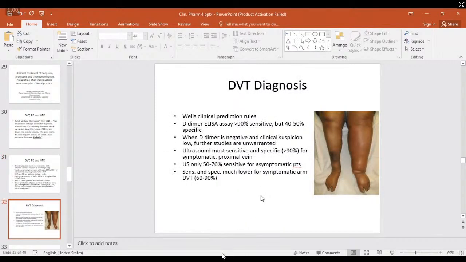How do we make the diagnosis of DVT? Well, here it's more than obvious that there is a problem with the left leg of this patient. Usually it's not so easy. Sometimes both legs look the same. An important thing to keep in mind is that there might be swelling, but usually there is no redness. There is redness when the patient has thrombophlebitis, so when the patient has a problem with superficial veins, but the deep veins usually do not cause redness.